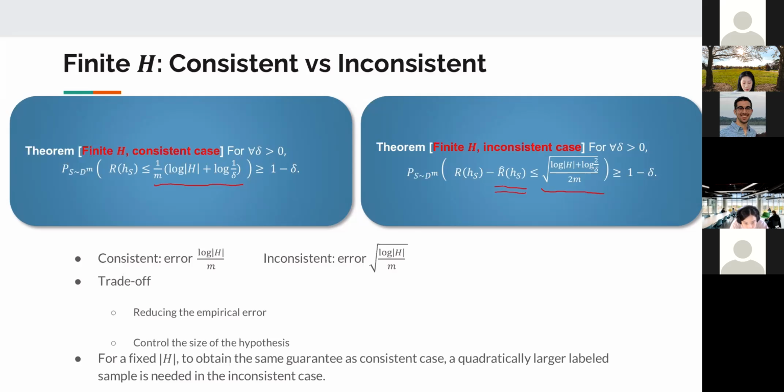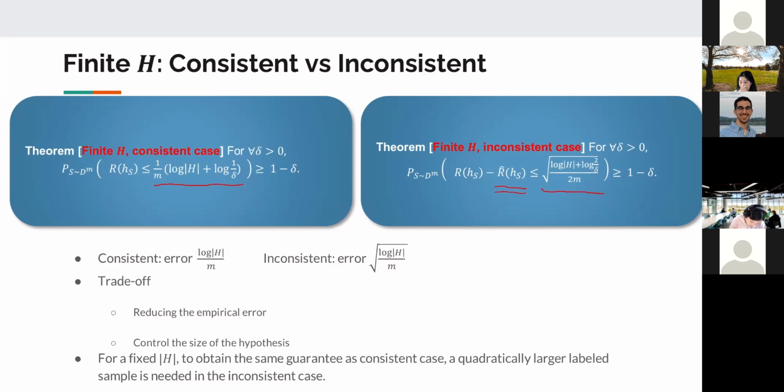All right. So you can see for both of these two scenarios, consistent and inconsistent, a trade-off, right? You can see the trade-off between reducing the empirical error versus controlling the size of the hypothesis set. If the size of your hypothesis set is larger, then you are more likely to get a low empirical error, but your sample complexity will be larger, right?